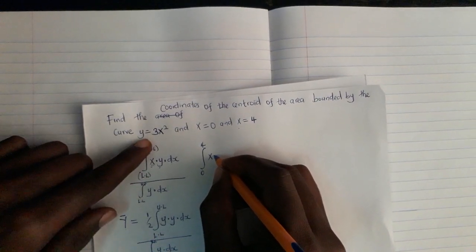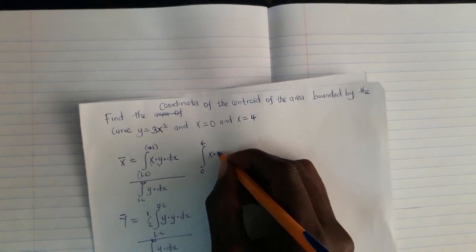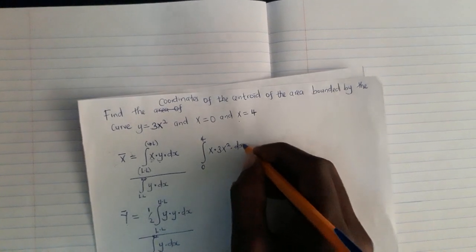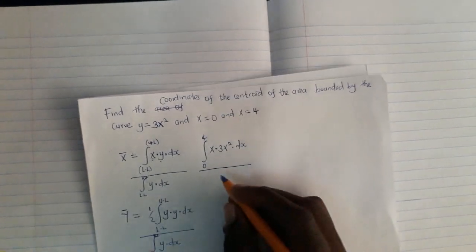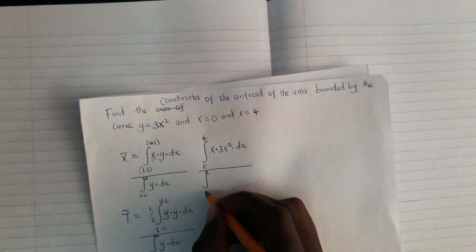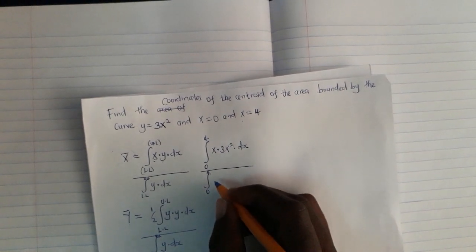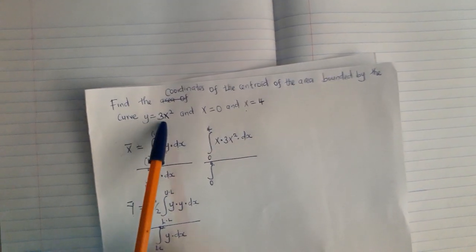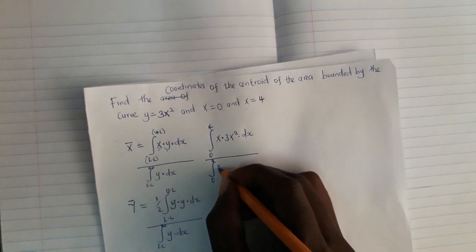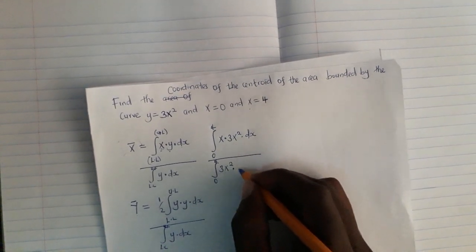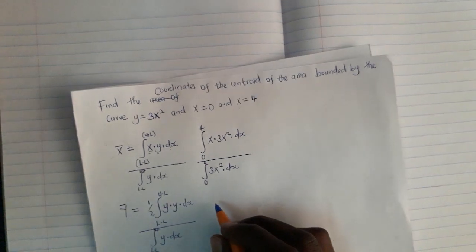Y is the one we have been given in the question, so it is 3x squared, then we integrate it with respect to dx, all over the integration of our upper limit, which is 4, our lower limit, which is 0, and then our y, the function here, y equals 3x squared, then we integrate it with respect to dx.